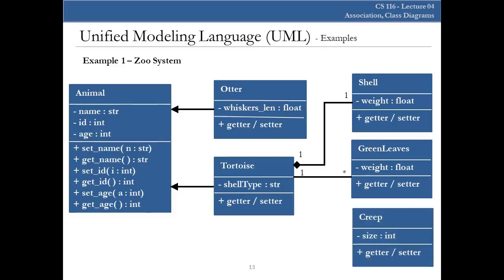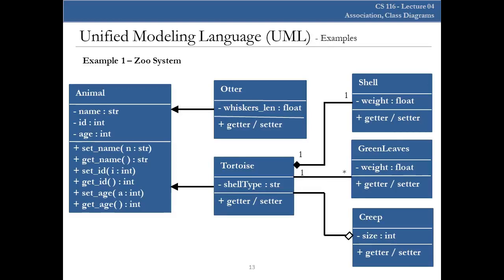The last class that I'm defining here is creep. A group of tortoises is called a creep. So I'm saying that this creep can contain a tortoise, or it can contain a number of tortoises. Now I'm defining another relationship between creep and tortoise, but this time it's the creep that owns tortoise.